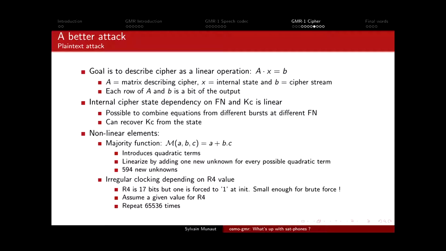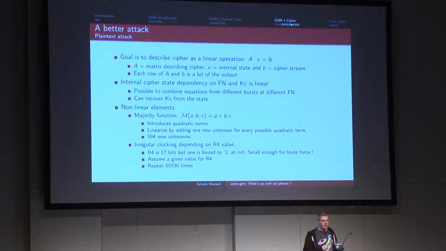And the way to linearize that is basically to kind of ignore it. For every possible quadratic term that's going to be generated by that nonlinear output function, you generate a new unknown. I mean, in reality, that unknown isn't really unknown. It's kind of a function of your other variables, but you can't represent it in a linear fashion.